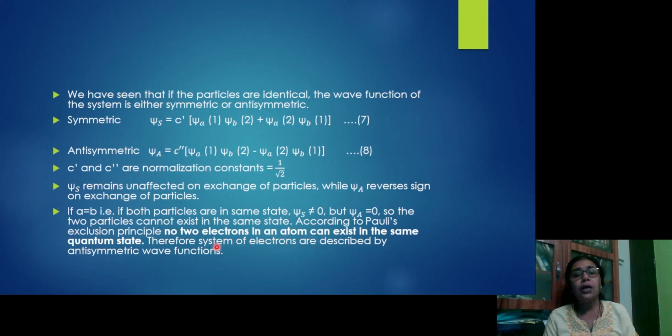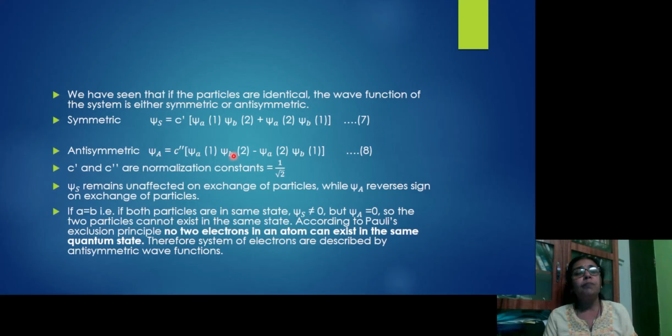Therefore, a system of electrons is described by antisymmetric wave functions, because we have seen that electrons follow Pauli's exclusion principle, and here we have seen that if the two particles are identical and we put A equal to B, meaning both the particles are in the same state, in that case the antisymmetric wave function reduces to 0.